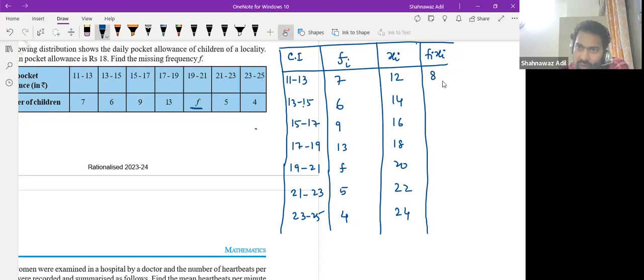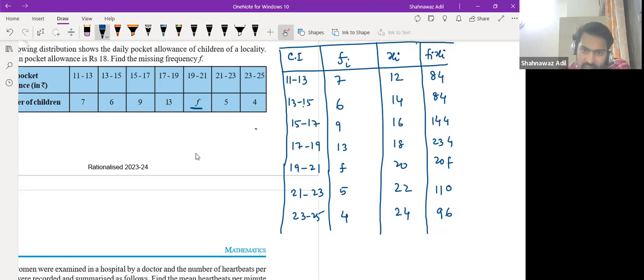So 84, this is 84, this is how much? 144, this is 34, this is 234. And then this is 110, and then this is 90.